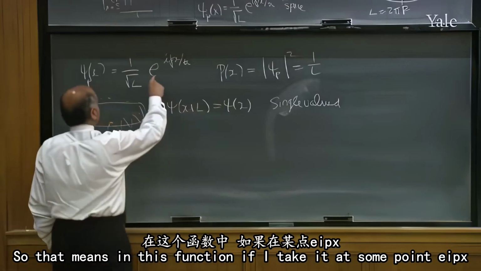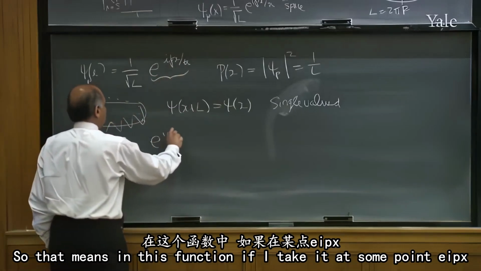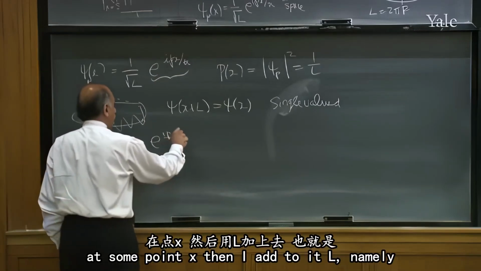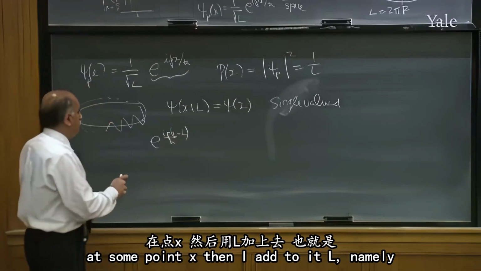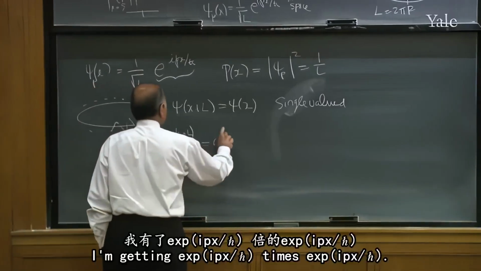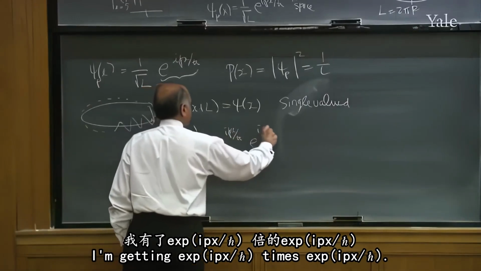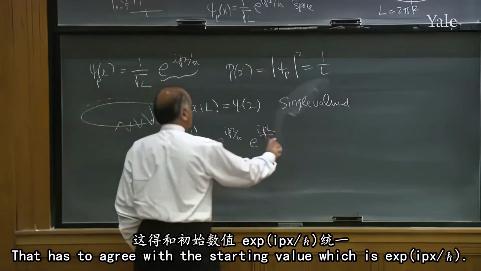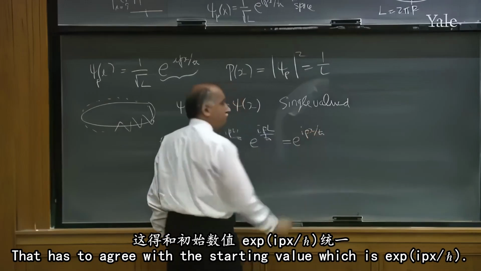So in this function, if I take e to the ipx at some point x, then I add to it L, namely, I'm getting e to the ipx over h bar times e to the ipL over h bar. That has to agree with the starting value, which is e to the ipx over h bar.